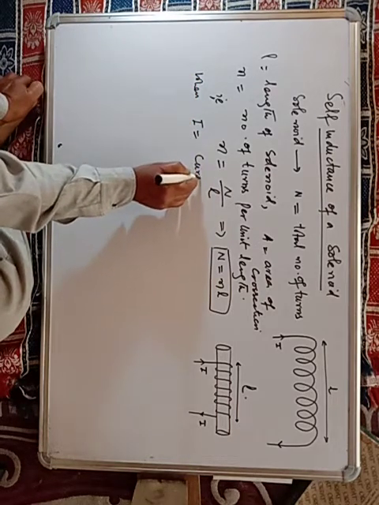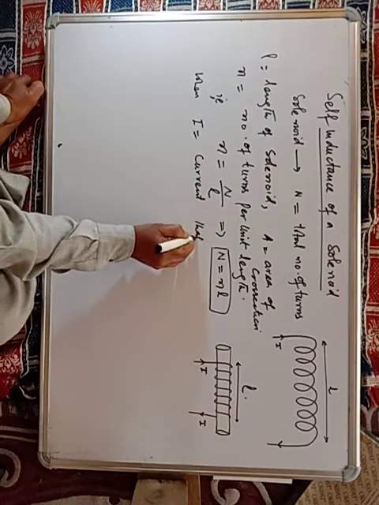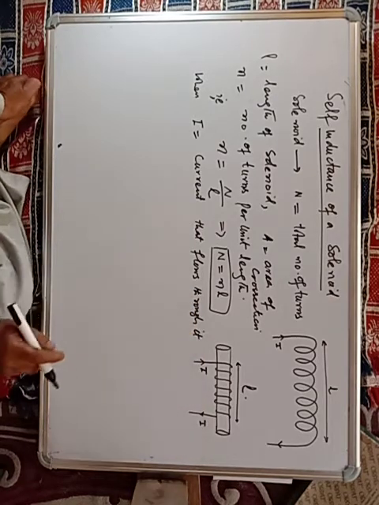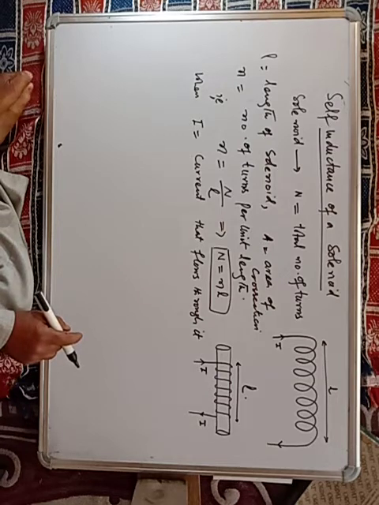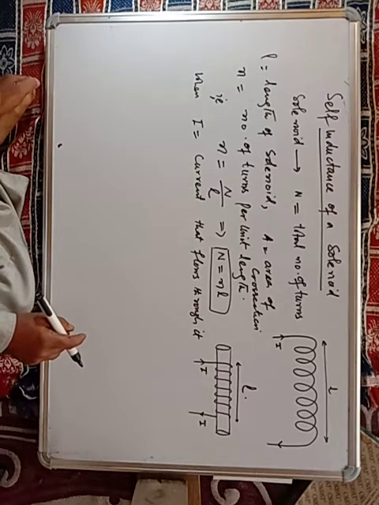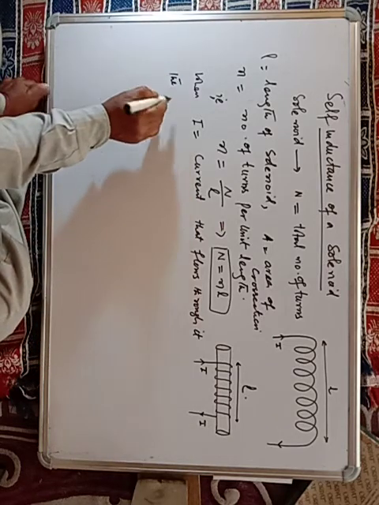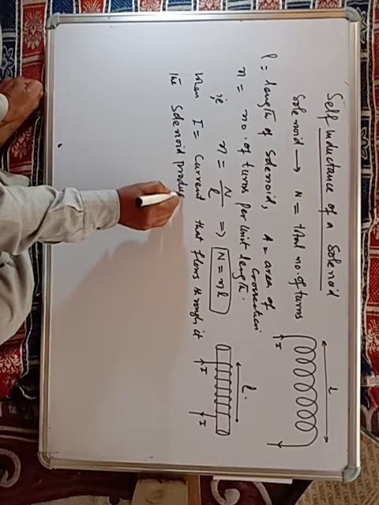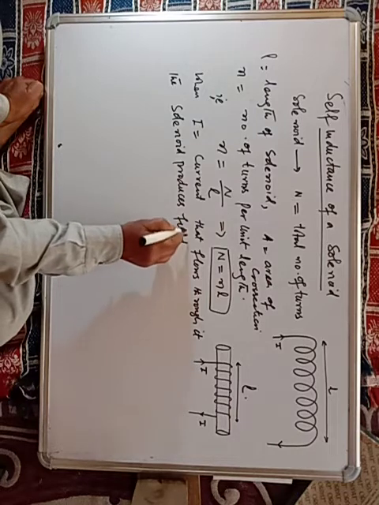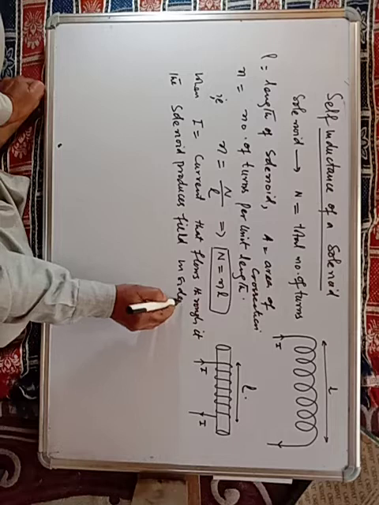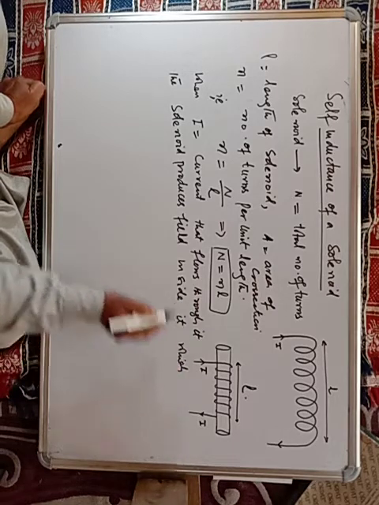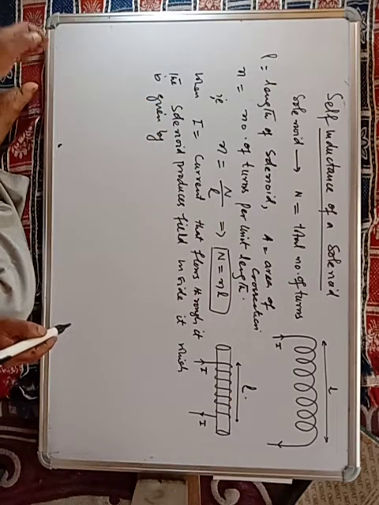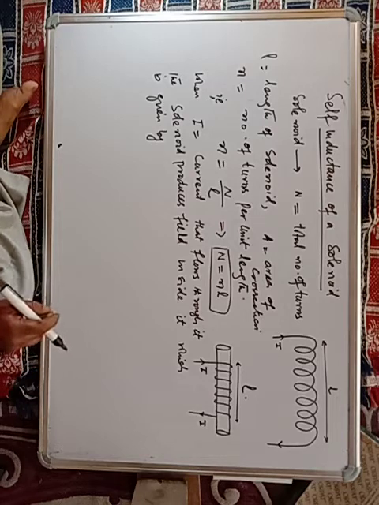When I is equal to the current that flows through it, the solenoid produces a magnetic field inside it, which is given by, as you must have studied in the magnetic effects of current, the field produced by a solenoid.